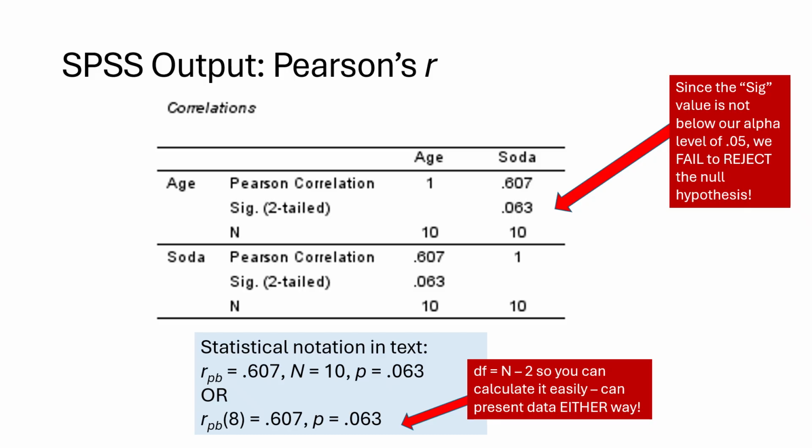The top one says the r_pb, which just lets people know it's a point biserial correlation, is 0.603, N equals 10, and then the p is 0.063. So that's one way, or you can do it the other way where you have your degrees of freedom in parentheses. But don't forget to put that within a sentence. It usually goes near the end of the sentence before the punctuation.